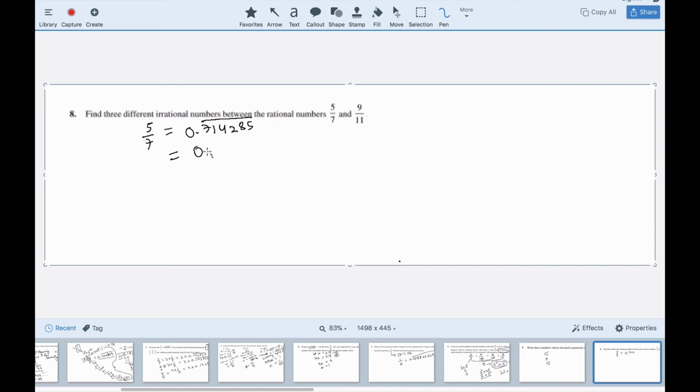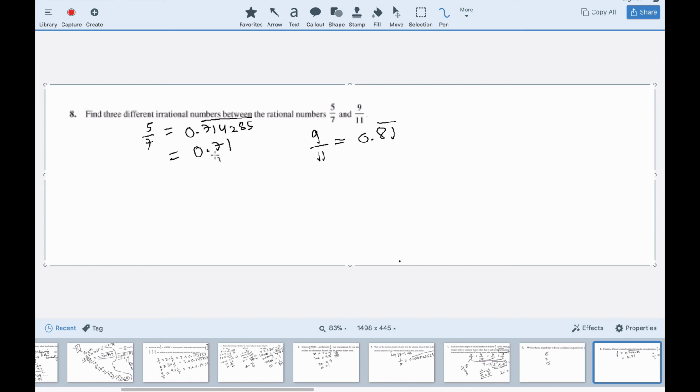Even if you do it till 0.71, it should be sufficient. Coming to 9 upon 11, when I divide, I will get 0.81 bar. So I know there are many decimal expansions between 5 upon 7 and 9 upon 11. But he says I want three irrational numbers.